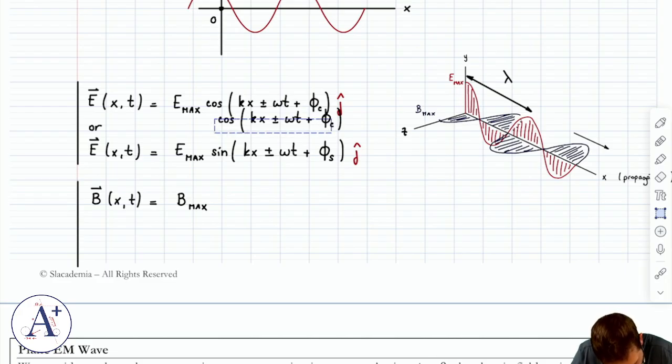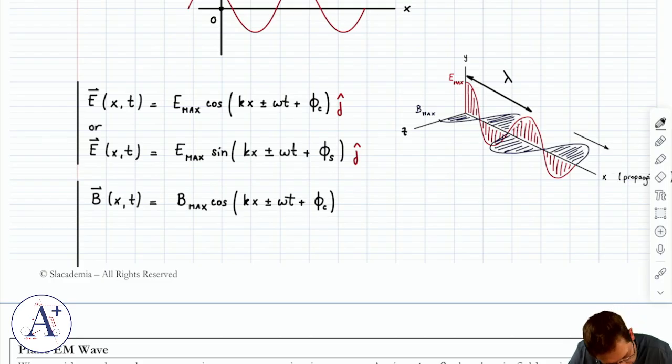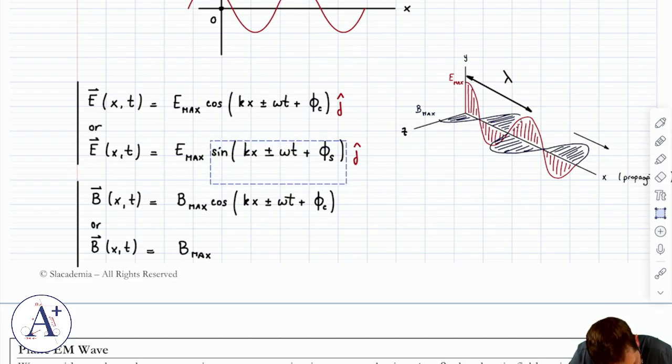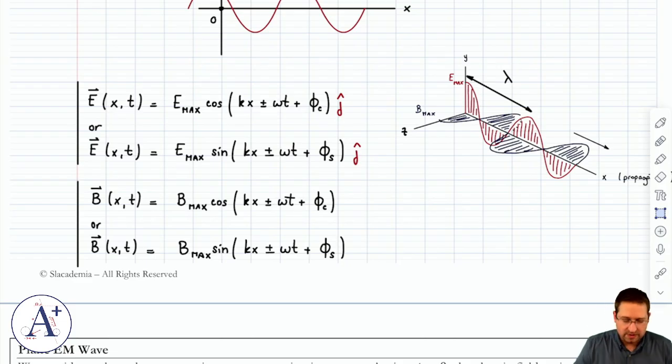Hold on. I screwed this up now, didn't I? By saying that, okay, if I find E with cosine, then it's going to be the exact same cosine in B. Or, of course, if instead I used sine, then B is going to be B max, the exact same sine, kx plus or minus omega t plus phi sub s.